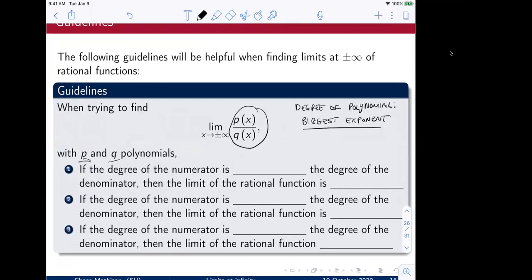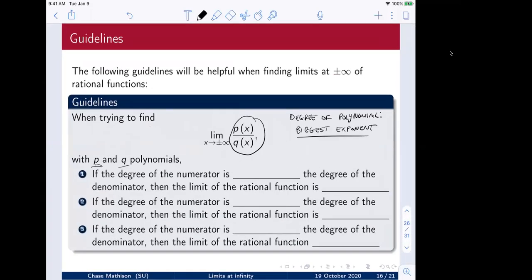Not necessarily the first exponent. Sometimes you might write 1 minus x squared. That's still a degree 2 polynomial because the biggest exponent on x, the biggest exponent you see on the x's, is 2 in that case.